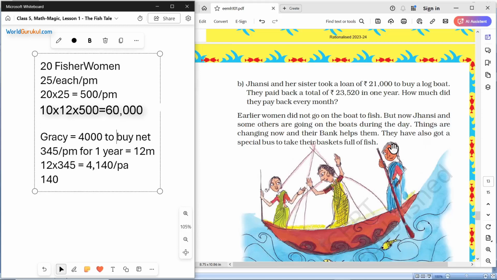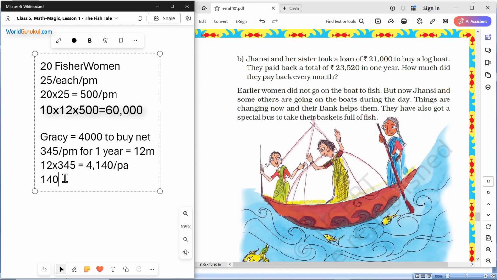right? And there is another case. Jancy and her sister took a loan of 21,000. These banks are cooperative banks, that is to help each other to meet their requirements and make purchases, right?